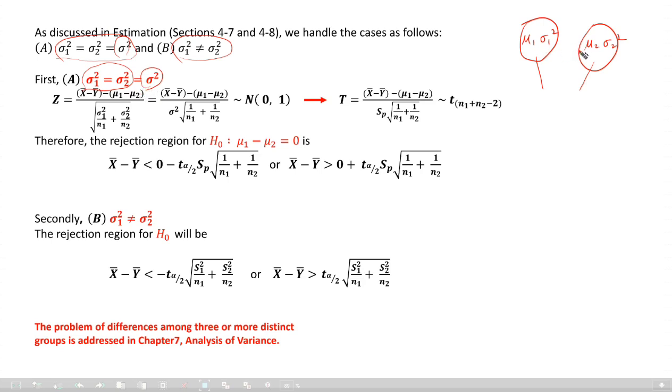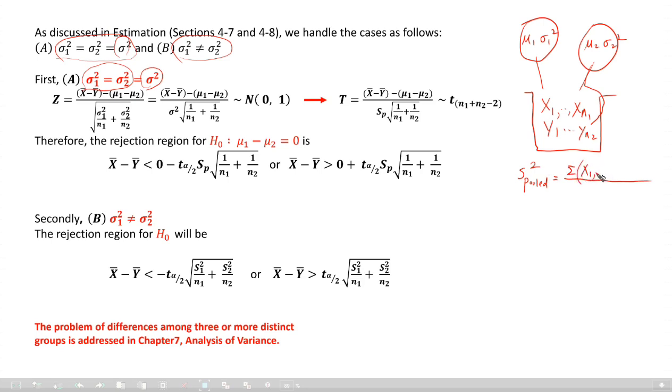We pool the samples, x1 up to xn1 and y1 up to yn2, and estimate one sigma square. It is natural, right? How to get the pooled estimator?